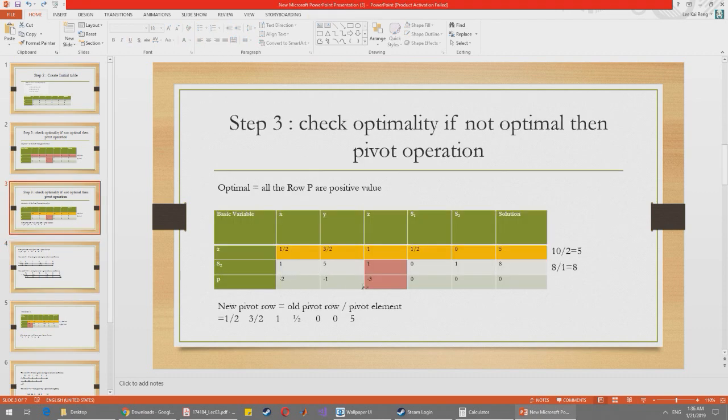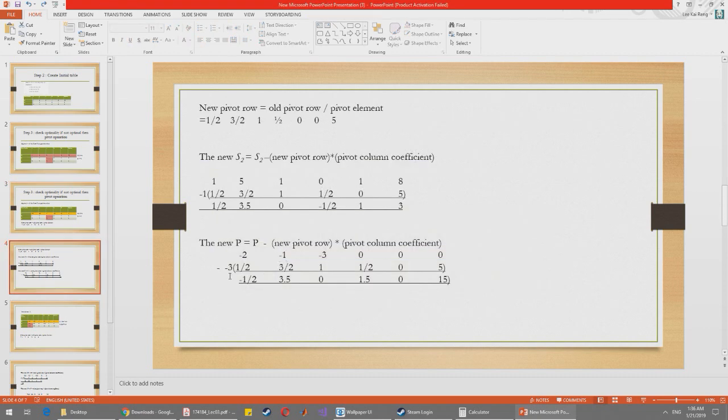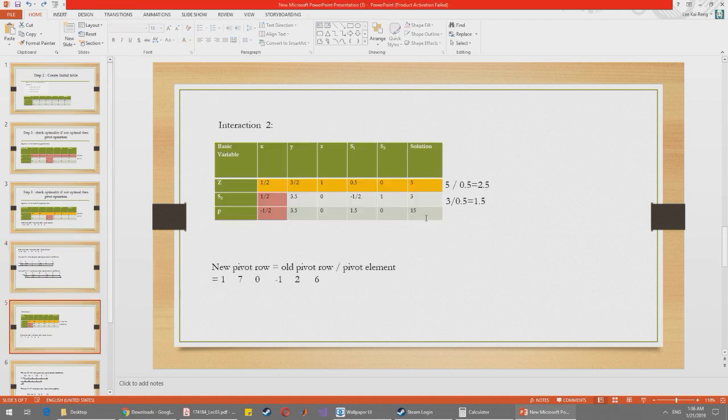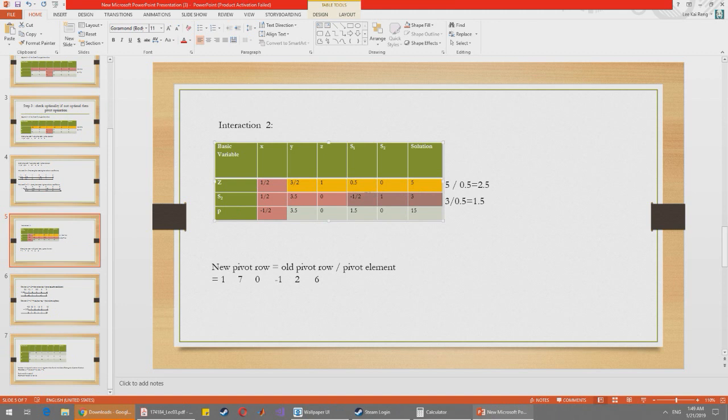The pivot column value is -3, multiplied by the new pivot row, and this will be the answer. These two answers will be updated in the new table. So this will be our output, and this will be our pivot row, and we can see s2 will exit and x will enter the new table.